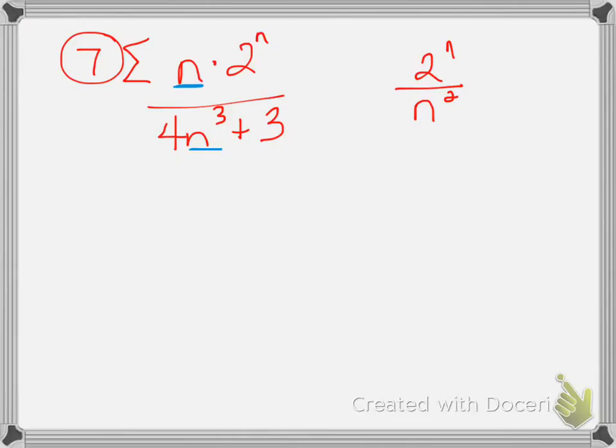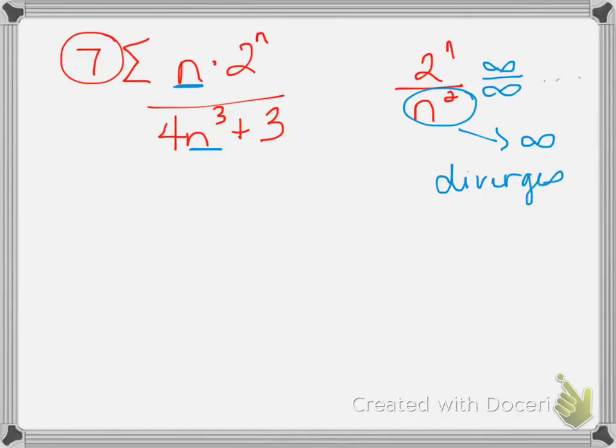If you did L'Hopital's rule here, and then continue to do it, you're going to end up with the number on the bottom. So this is going to approach infinity, which means that one diverges. Alright, so that's why I'm going to compare it to that. So I'm going to take that and divide it by that. I'm going to skip a step.